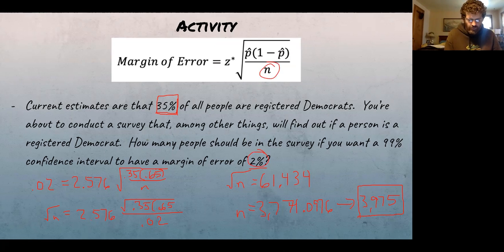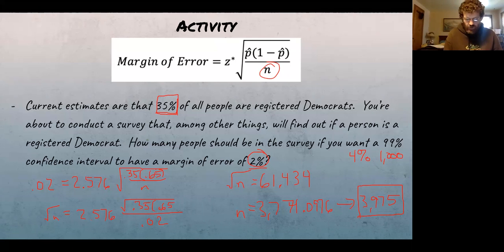And a margin of error of 4% is about 1,000 people, okay? Now that can change, but it's kind of fair to say about 1,000 people, depends on what confidence level and what the p-hat is.